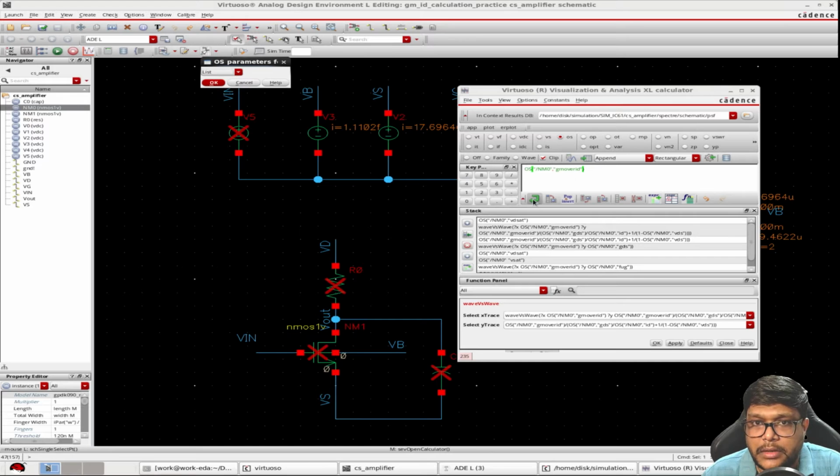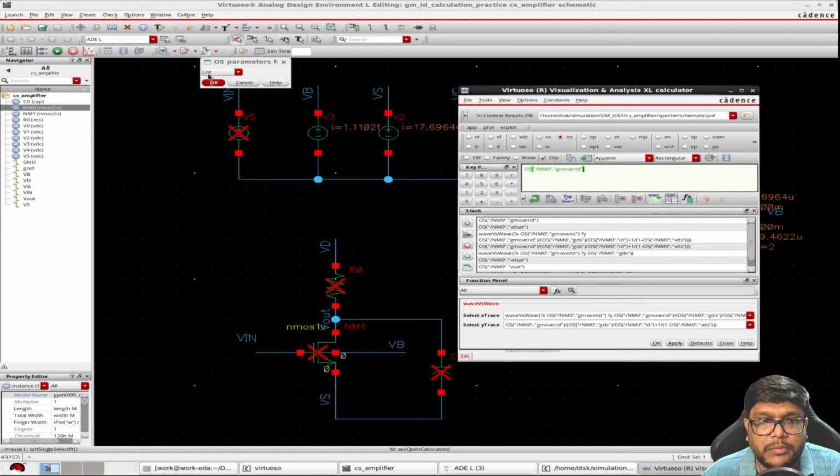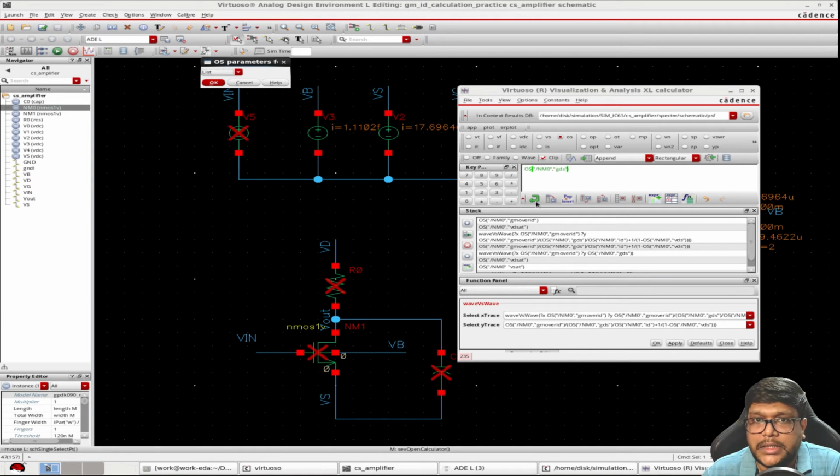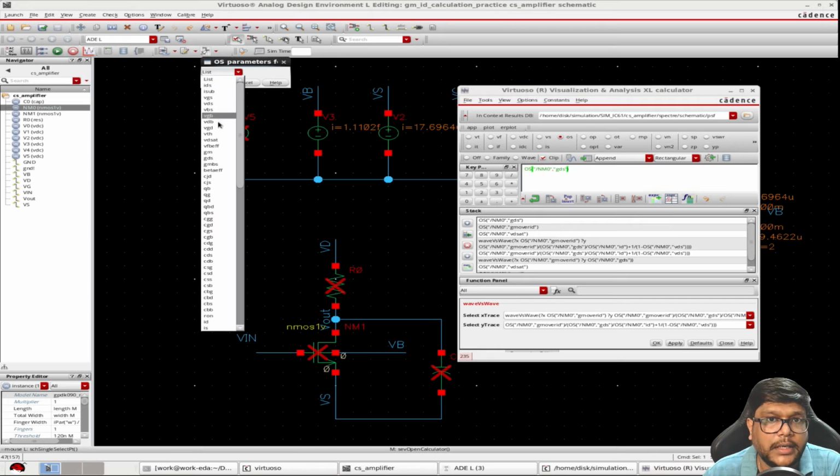For AV we have found a formula, that is GM over ID divided by GDS over ID plus 1 by IDRT. Okay, so here 1 by VDD minus Vout, so VDD is 1, so I'm taking that as 1. Now GDS by ID.